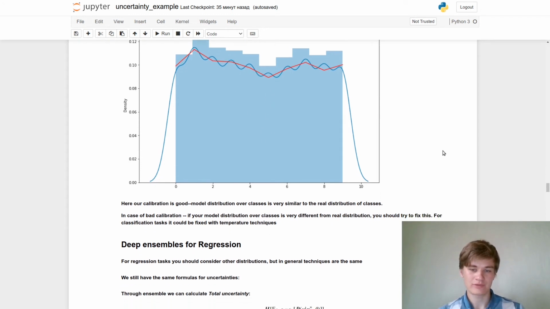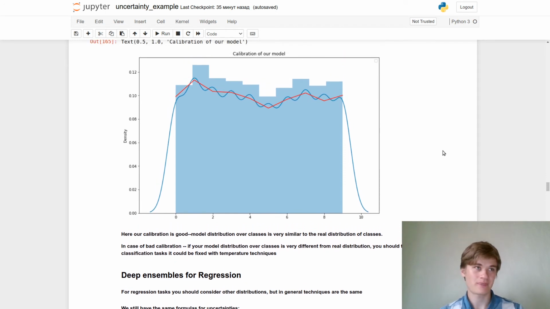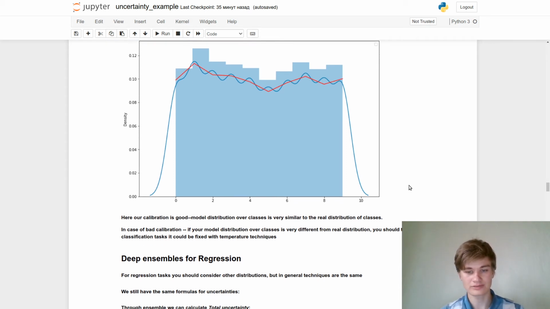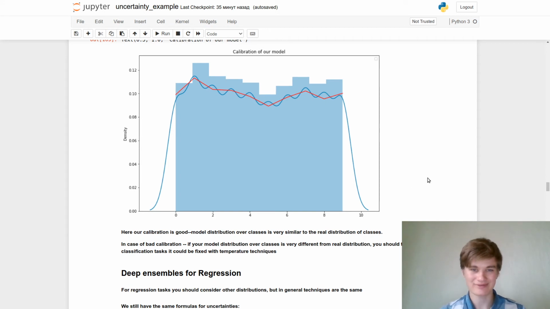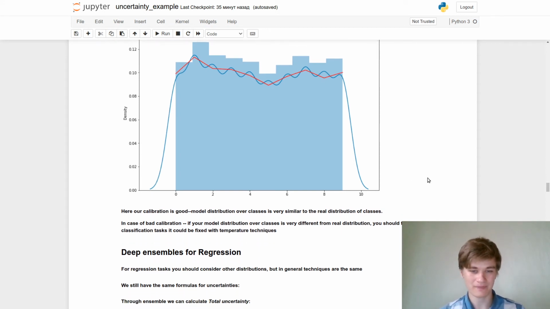And for regression it is slightly different, but you also can calibrate your models, and that's it. You should always check your calibration. That's the idea.